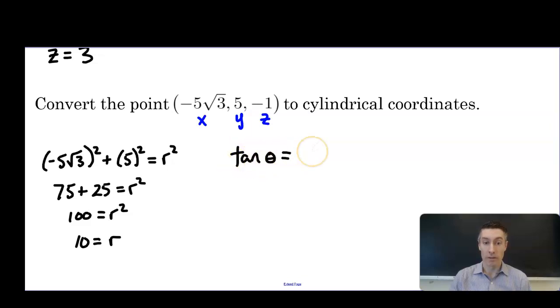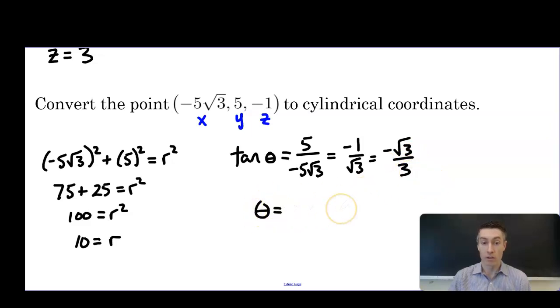Tangent theta is y over x. So 5 over negative 5 square root of 3. So that would be negative 1 over square root of 3, negative square root of 3 over 3. So the reference angle for a tangent ratio of square root of 3 over 3 is pi over 6. And we need to think about what quadrant that angle should be in.